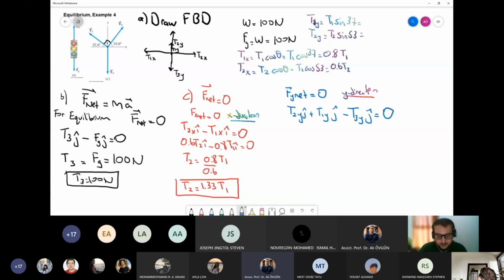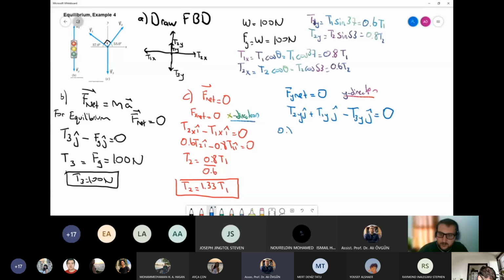So by using the calculator, you can find it. This is 0.6 T1 and this is 0.8 T2. After that, use them inside this equation.